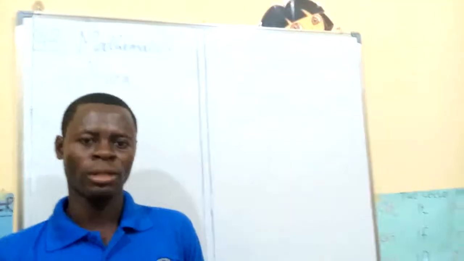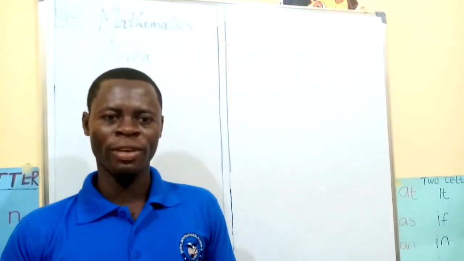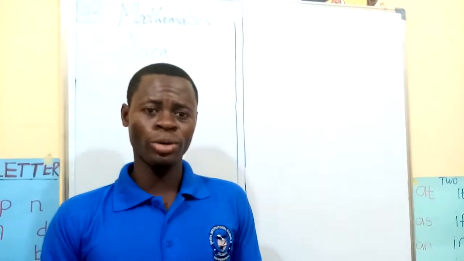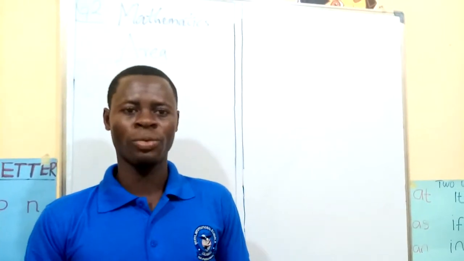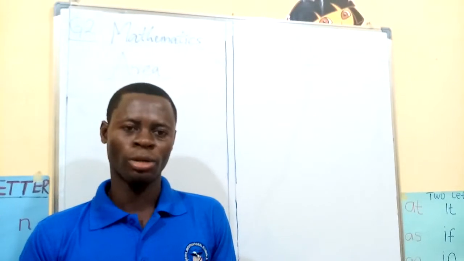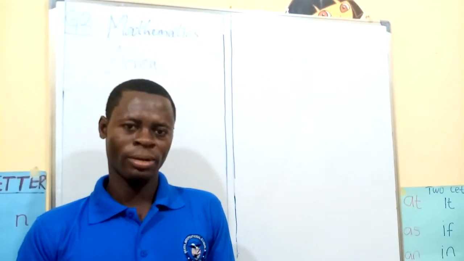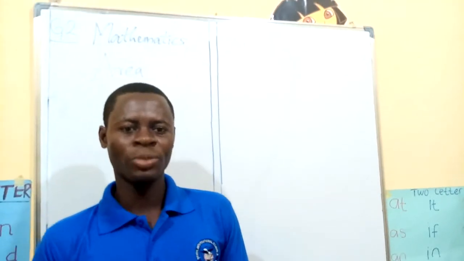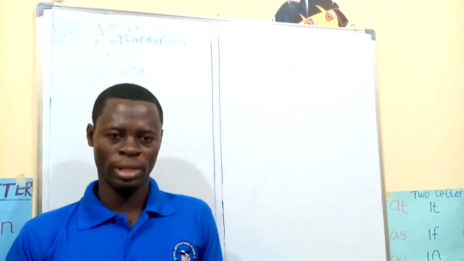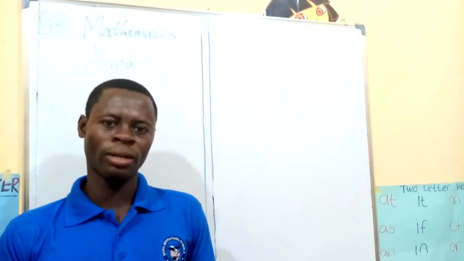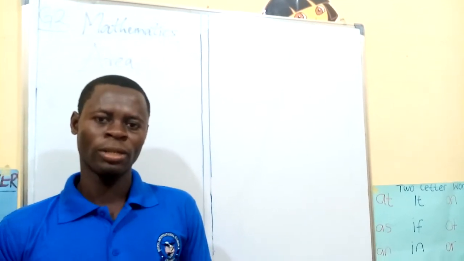Alright, today we'll be looking at a very interesting topic. But before we go into today's topic, let's take a quick review of what we did last time. What was our last week's topic? Alright, I guess you can still remember. Our last week's topic was on perimeter, where we learned that perimeter is the total distance around an object or shape.